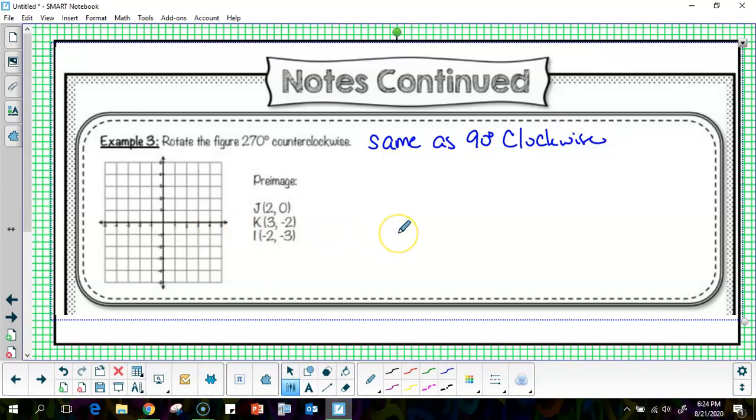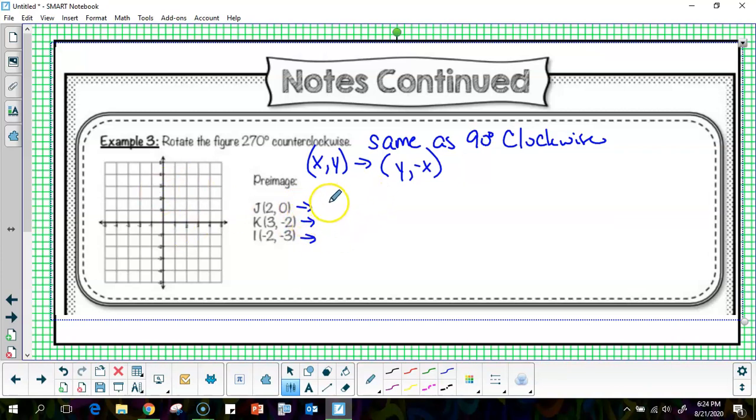Okay, the 270 counterclockwise. The rule is that it's going to be y and then the opposite of x. So they're going to flip positions and the x is going to become its opposite. And we're just going to do the ordered pairs again. You can graph this over here.